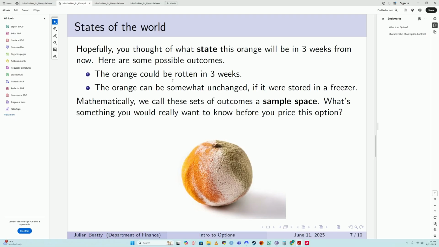So mathematically, we can call these sets of outcomes a sample space. And in a sense, these are the states of the world in which the orange can exist in 3 weeks from now, and that's going to be a prime consideration for how much I'm going to pay. So what's something else that you would really want to know before you price this option?